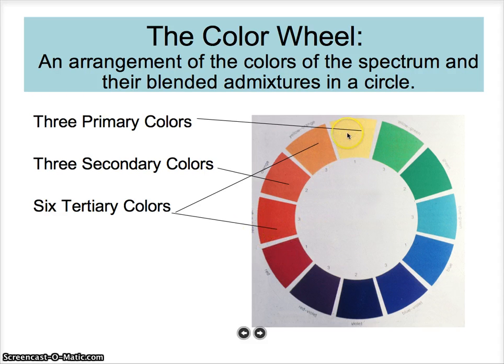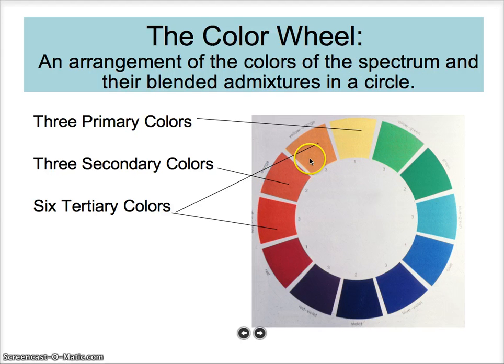So the primary of yellow and red makes the secondary of orange. The primary of yellow and blue creates the secondary of green. The primaries red and blue make the secondary of violet. Then we have tertiary colors, in which you mix a primary and a secondary, you get a tertiary.